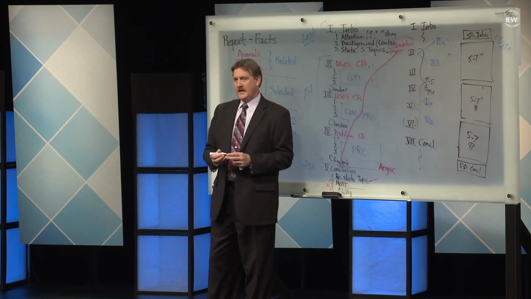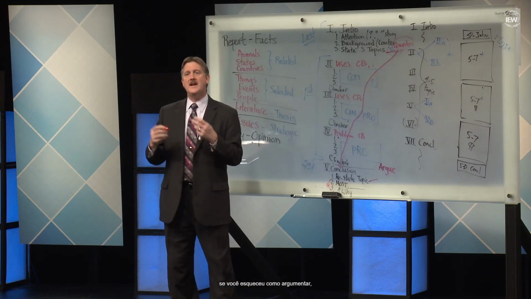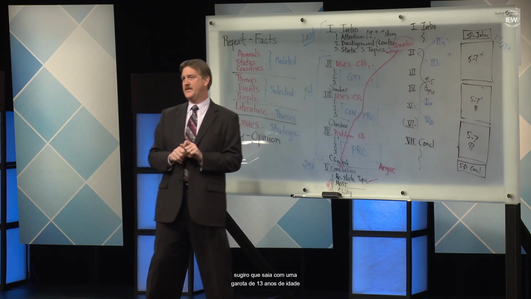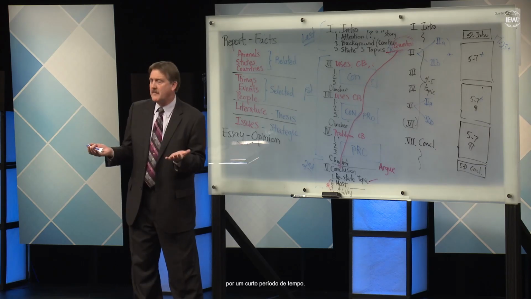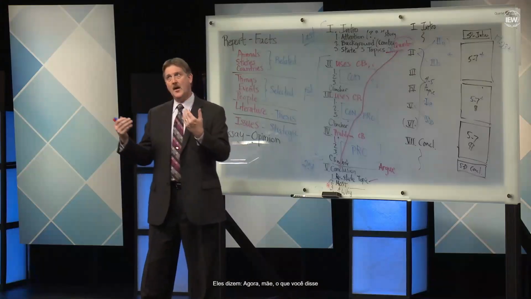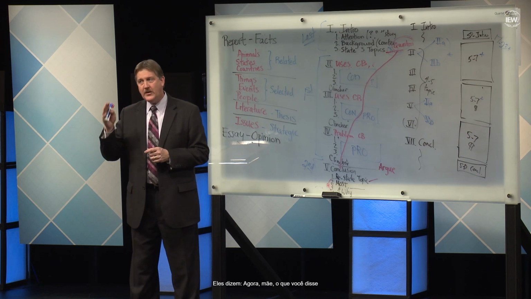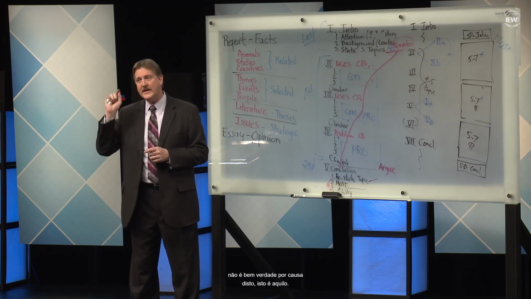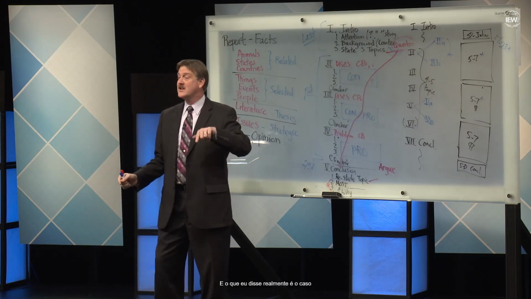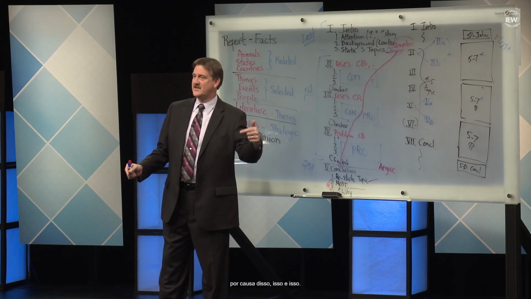Now, if you have forgotten how to argue, I suggest you just hang out with a 13-year-old girl for a short period of time, because they know how to do this. And this is how they do it. They say, now, Mom, what you said is not quite true because of this, this, and this. And what I said actually is the case because of this, this, and this.